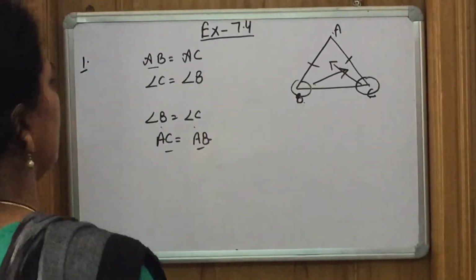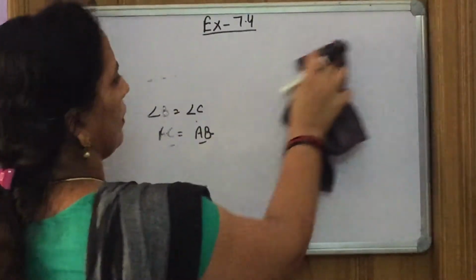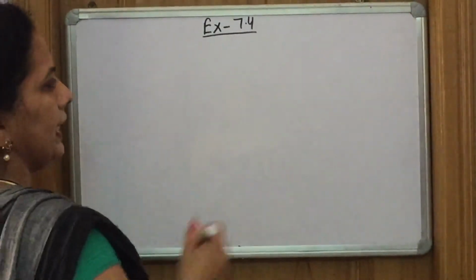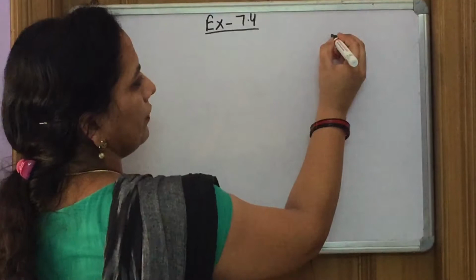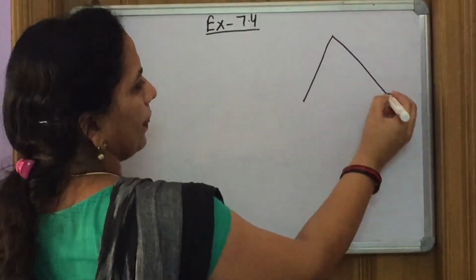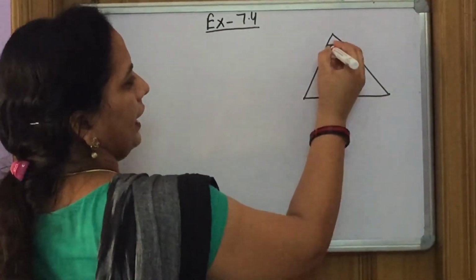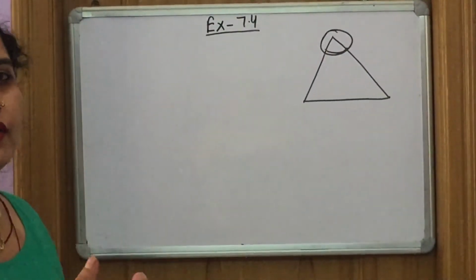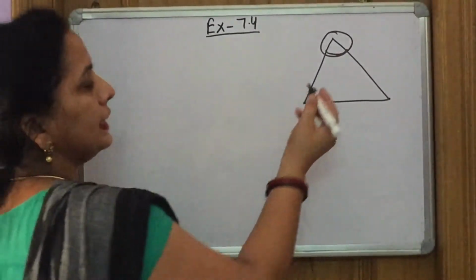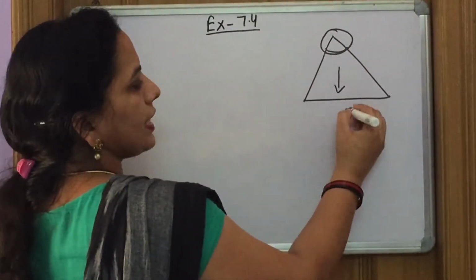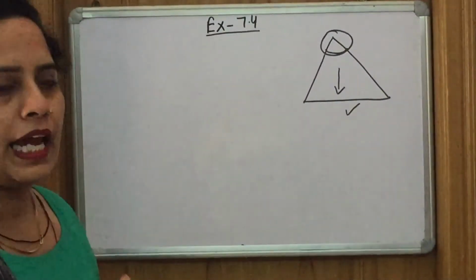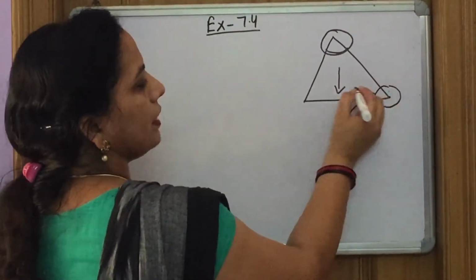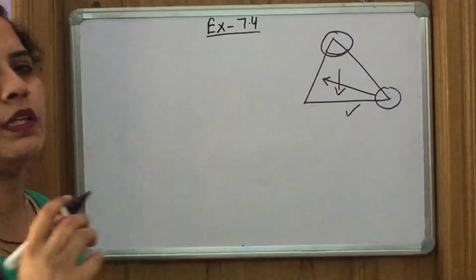And the next one is, if in any triangle you are given a larger angle, then its opposite side will also be larger, and if any angle is smaller, then its opposite side will also be smaller.